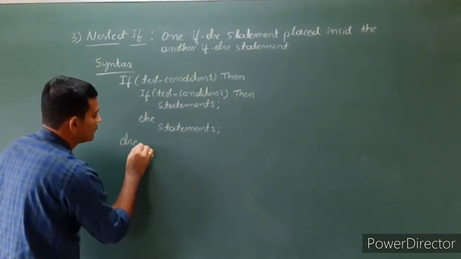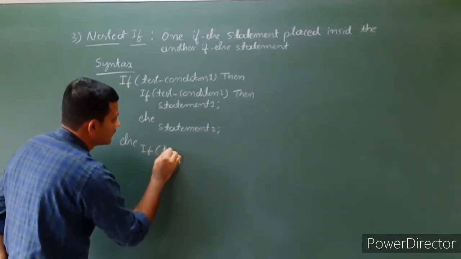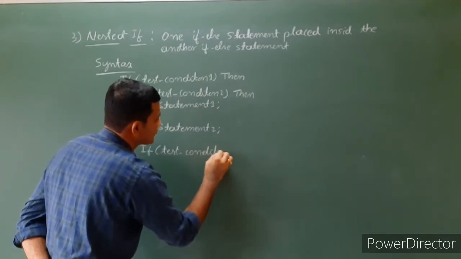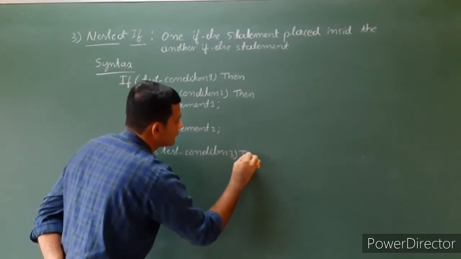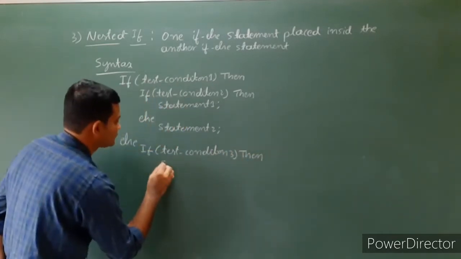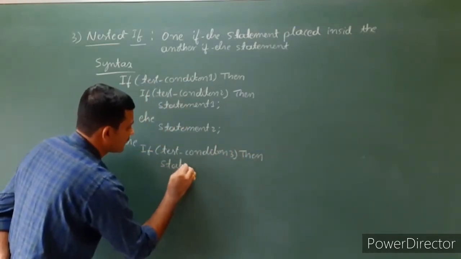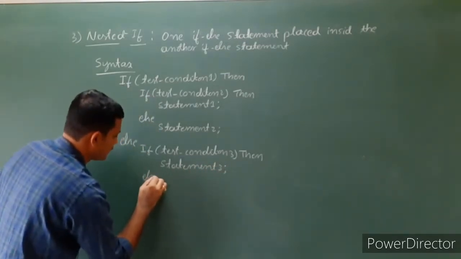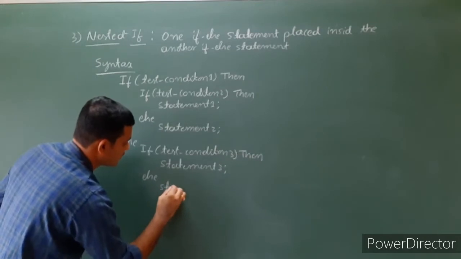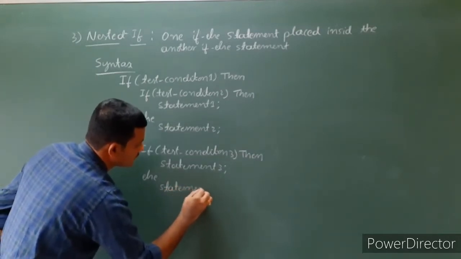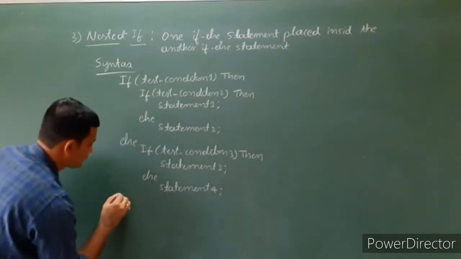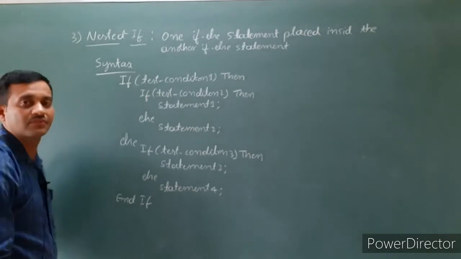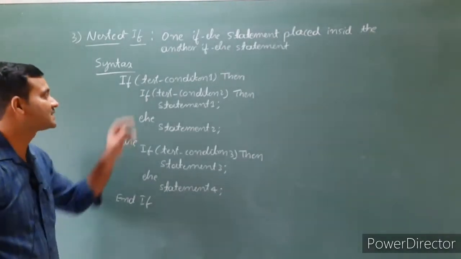Again else if test condition 3, then statement 3, else statement 4. End of if and if. Okay, this is the syntax of nested if.